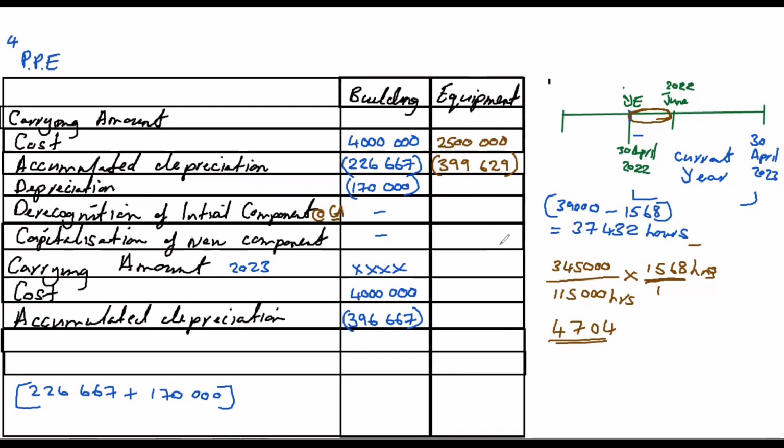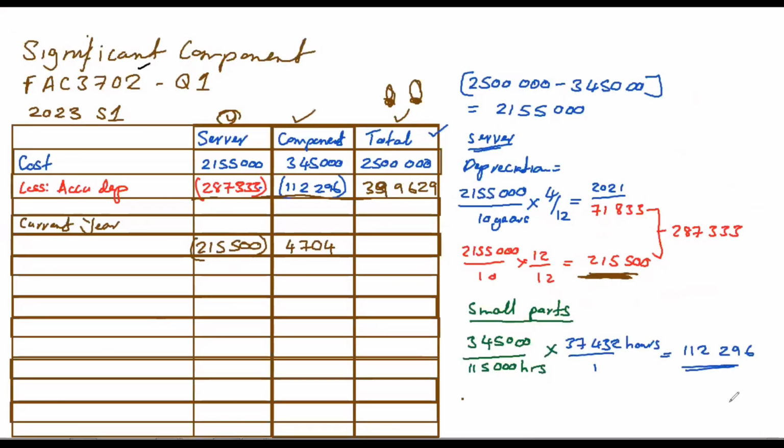People, at carrying amount. So what is the carrying amount of the old component? Remember, the old component was damaged. So the company decided to get rid of this and hire a new one. So what is the carrying amount of the old component?